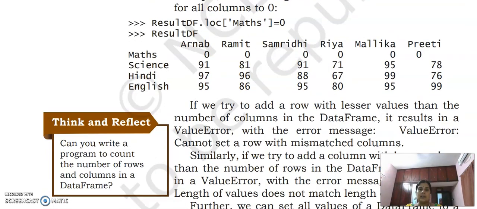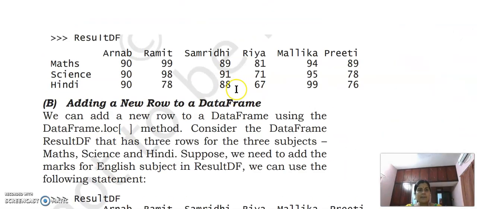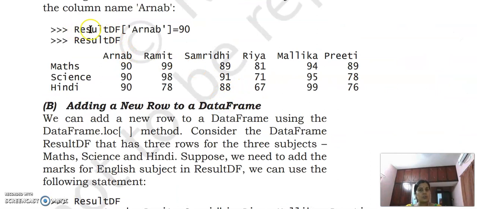Then we can assign the same value to all the columns, like in the previous case. For columns we use result df; for rows we use result df dot loc.